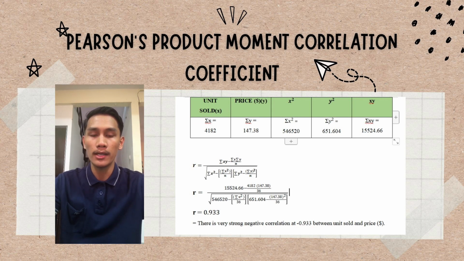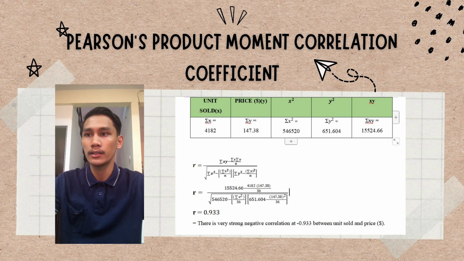Sum of y power of 2, we got 651.604, and the last, sum of xy is 15,524.66. Okay, next we use the formula to calculate the correlation.